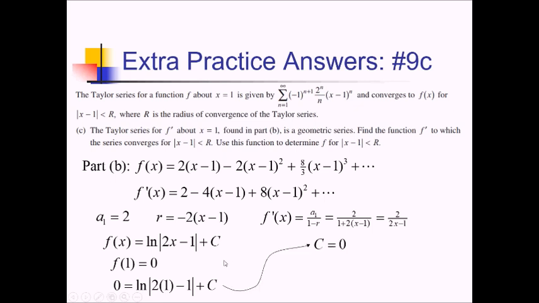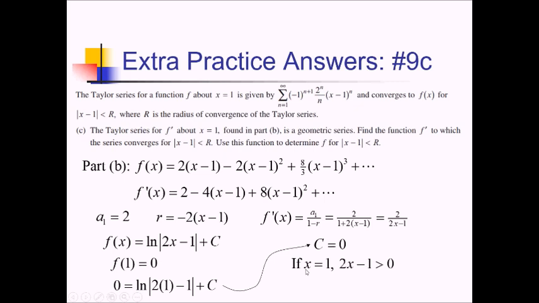Okay, so now it's time to plug that back in to write a more specific particular solution for f of x. Now before I do this, I have to resolve this absolute value. We always have to do this when we do the diff-EQ dance. So I notice that for my initial condition, if x is 1, then 2x minus 1, the stuff inside absolute value, is going to have a positive value.